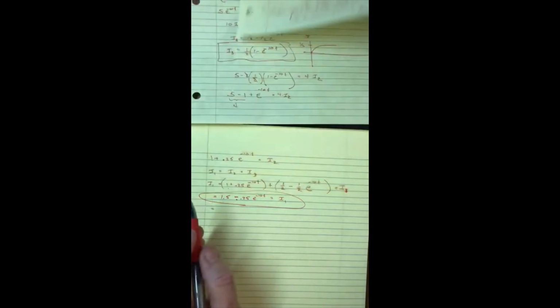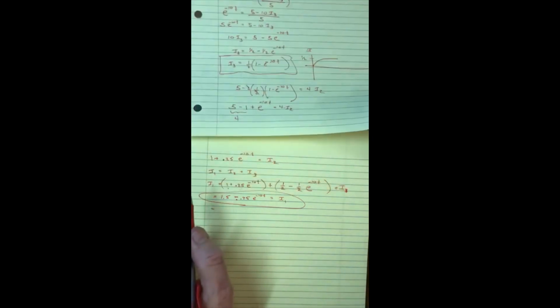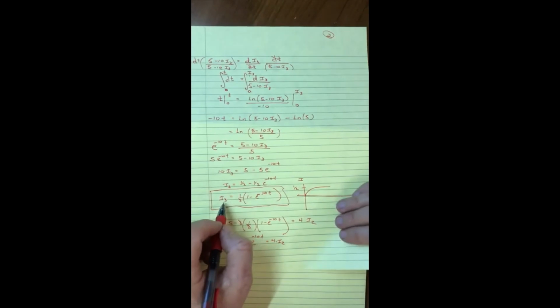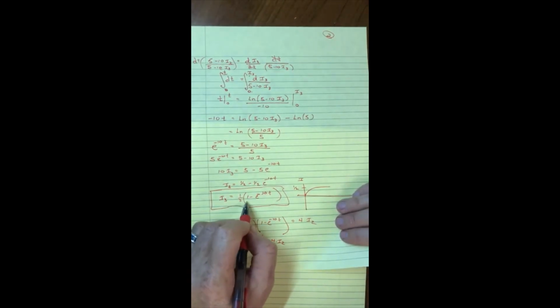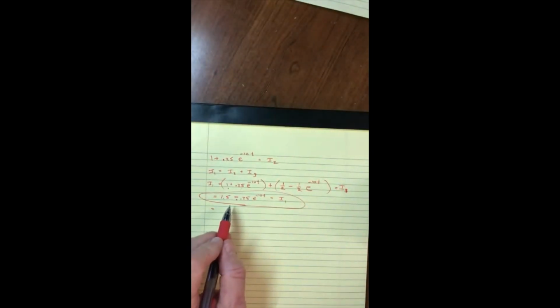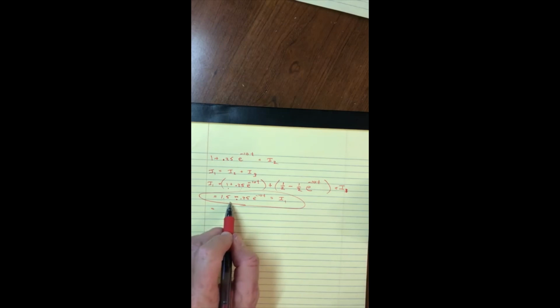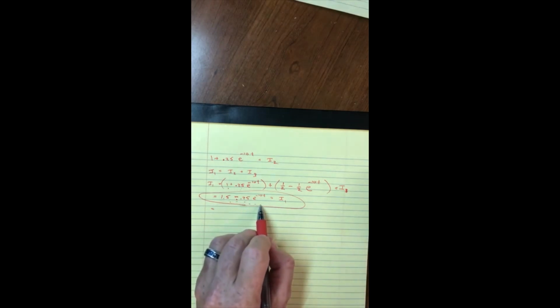Current number 3. Where did I do current number 3? Right here. And so current number 3, which is the switch, has a 1/2 times 1 minus e to the negative 10t, good. And then the current in the switch, 1.5 minus 1/4 e to the negative 10t, yay, okay, good.